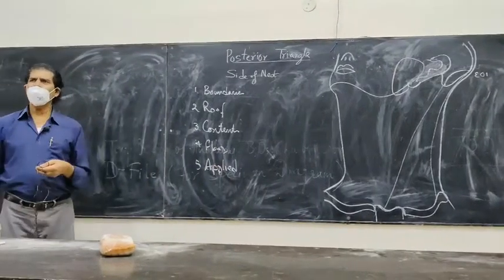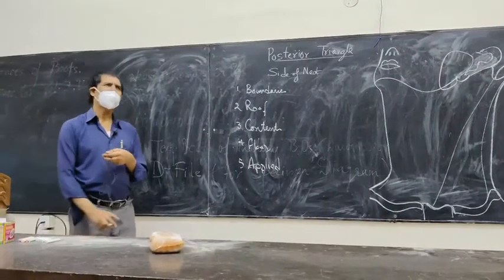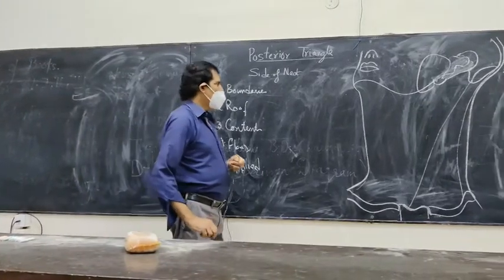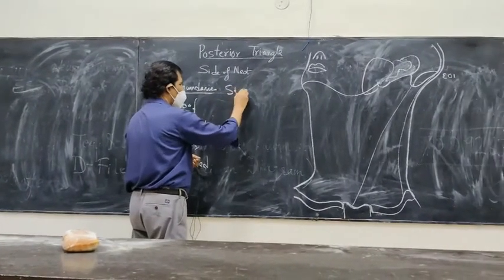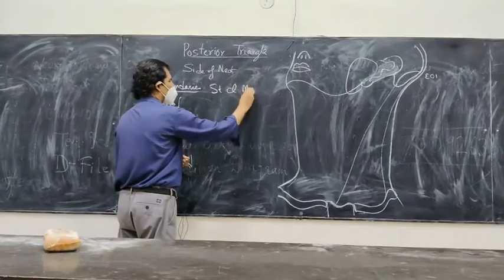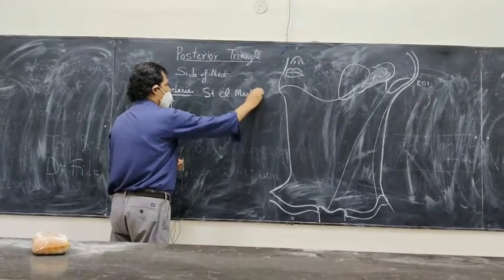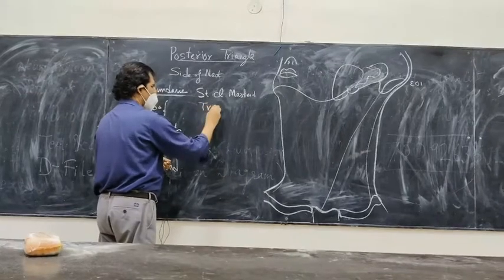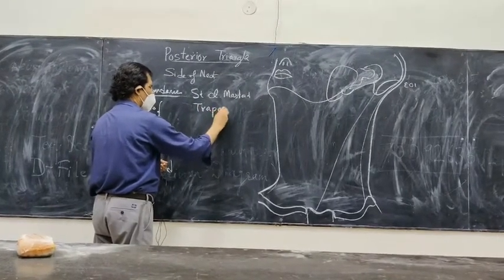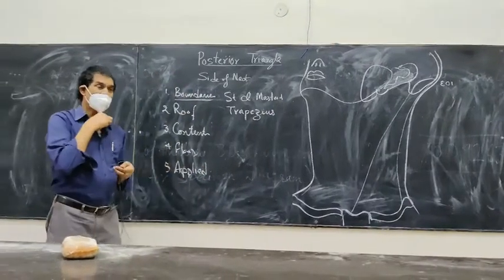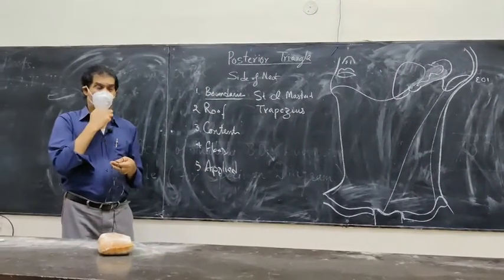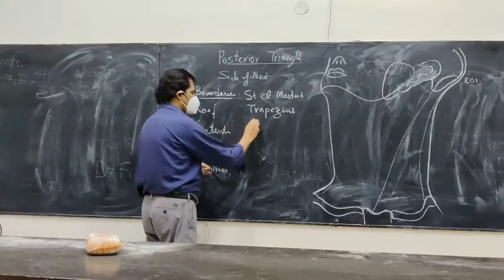So regarding the boundaries, it is an intermuscular triangle. It lies between two muscles. One is the sternocleidomastoid and another is the trapezius. As it is triangular, it has an apex and a base.